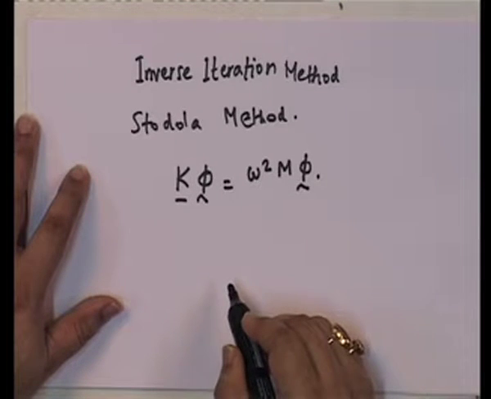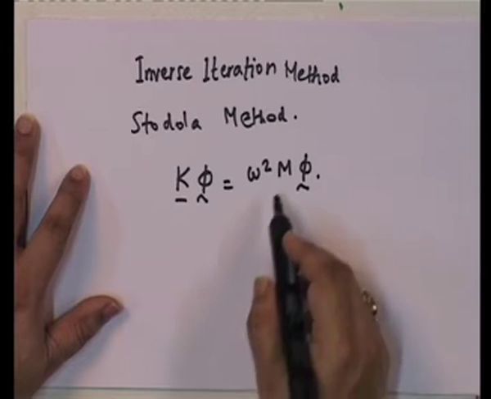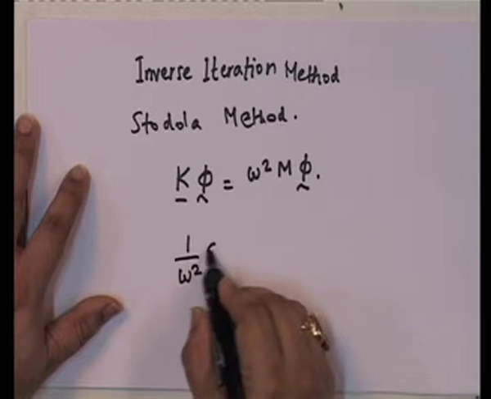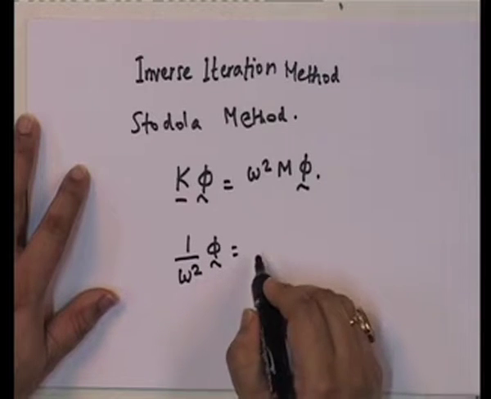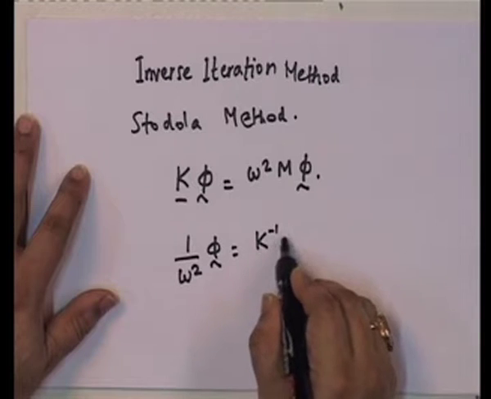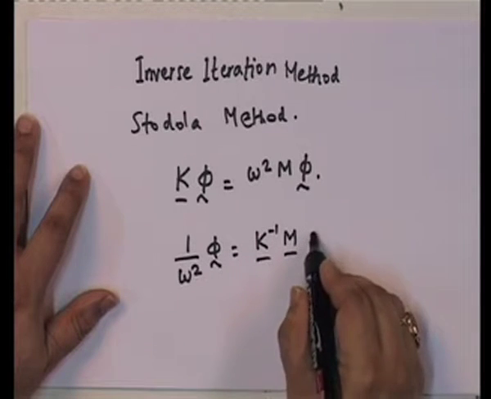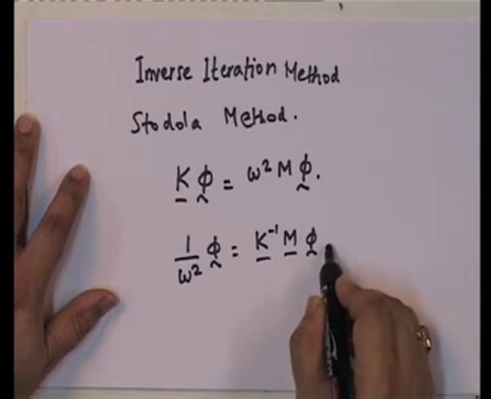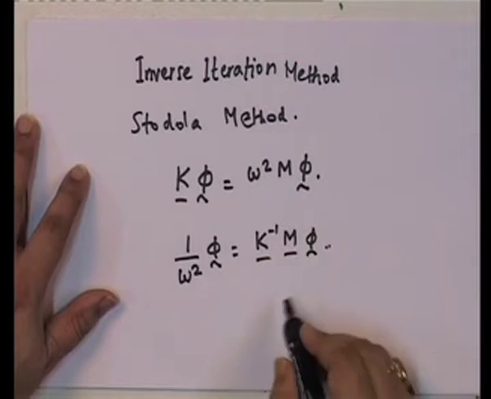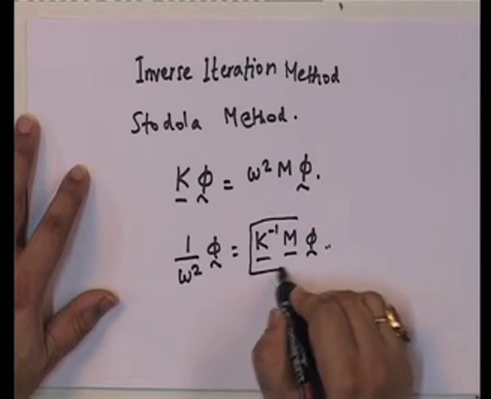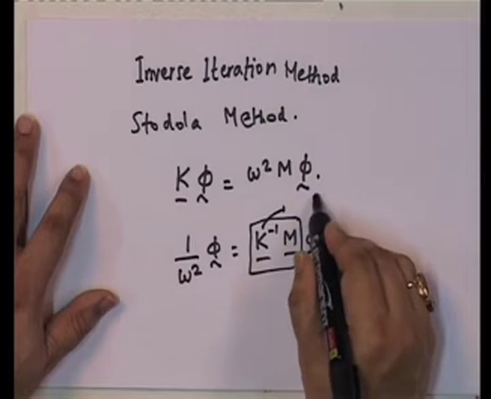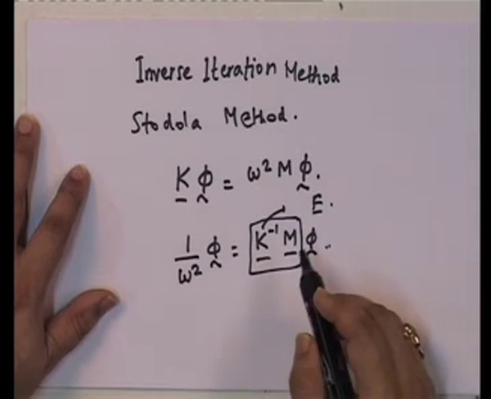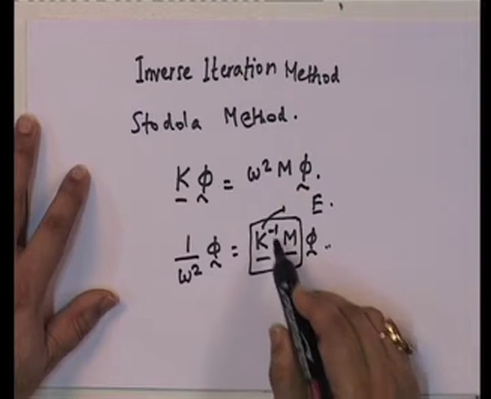Now, if I were to rewrite this, I could write it in this format: 1 upon omega squared phi is equal to k inverse into m into phi. And K inverse is actually the flexibility matrix. So it is not as if you are doing K inverse, you can actually find out the flexibility matrix directly. You do not have to do K inverse.